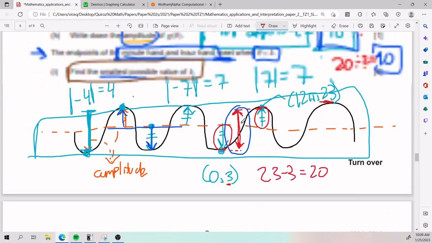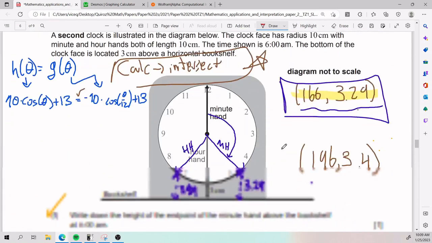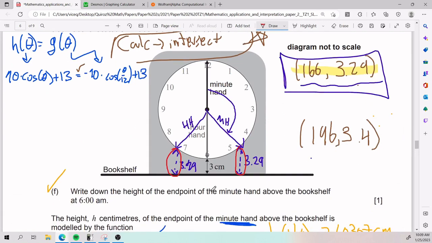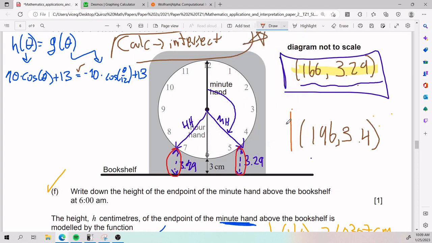And what we're trying to find over here is whenever the endpoints of the minute hand and the hour hand meet each other. You have to keep in mind that all of these functions we're working with have the idea of height in mind, right? And so although these have equal height right now, the context of the problem does not tell me that they are actually on top of each other. They will be on top of each other later on, which I am going to mark in, let's say, orange, right?